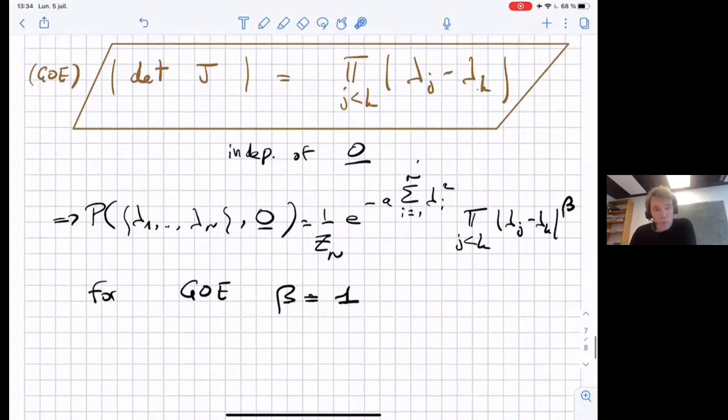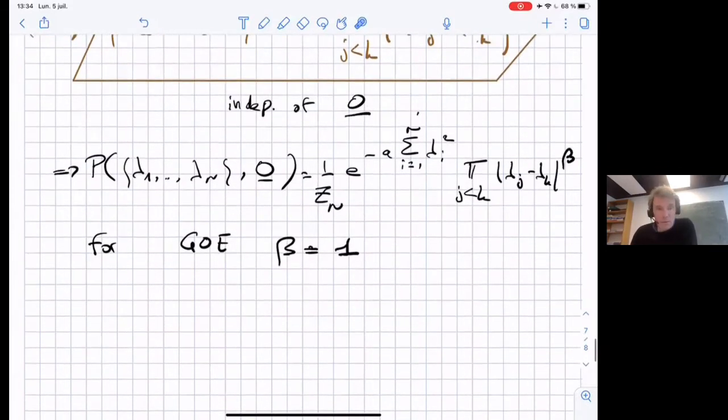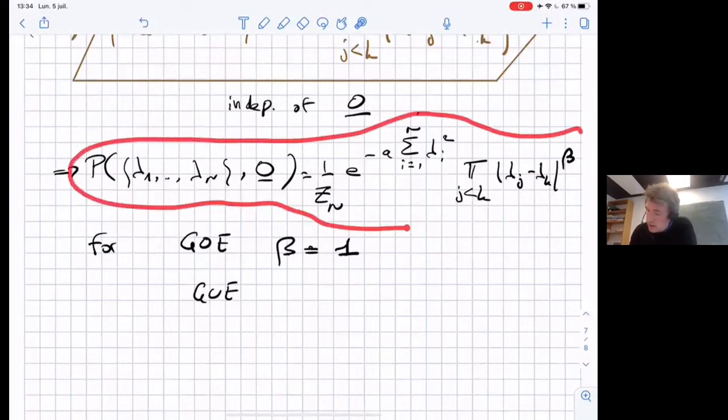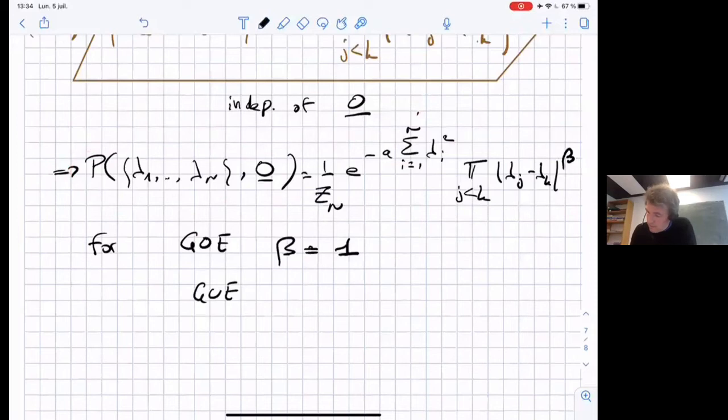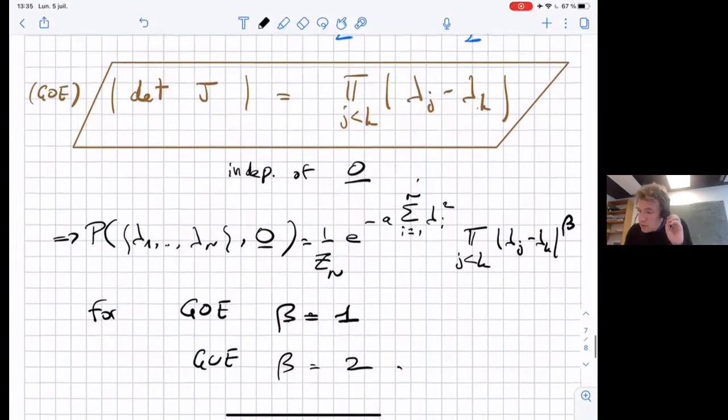I haven't done the computation for GUE, but it's very similar, and it turns out that for GUE the expression is exactly given by the same formula. Only beta is different, and beta is equal to 2. That's quite remarkable, of course. Now, I just want to say something about this quantity here.